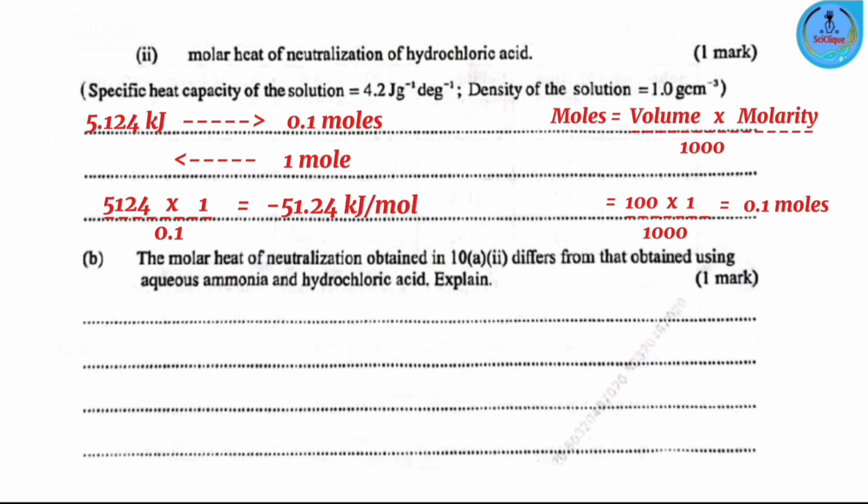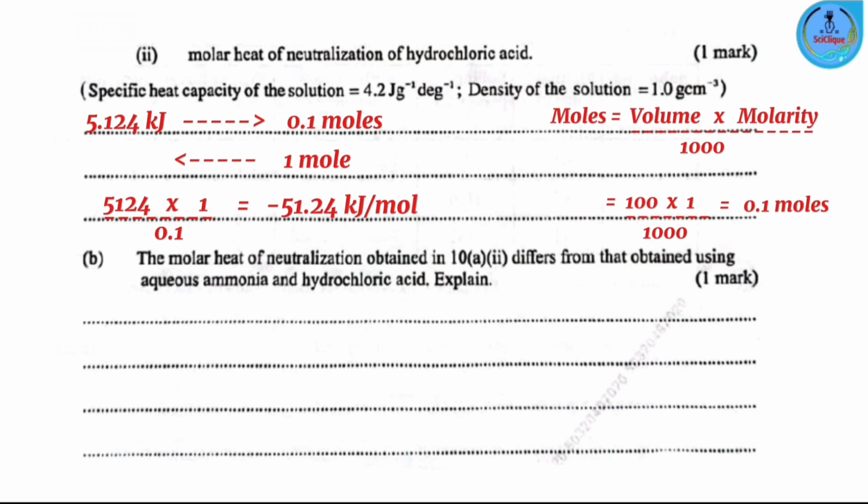The second one is a reaction between hydrochloric acid and aqueous ammonia. Aqueous ammonia is simply ammonium hydroxide. You will note that in both cases, hydrochloric acid is constant. It's present in both reactions. The variable is the type of alkali, the type of base used.